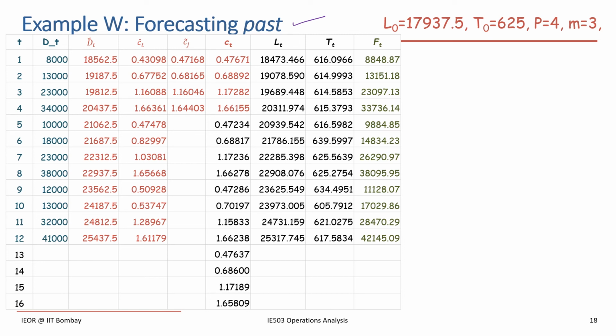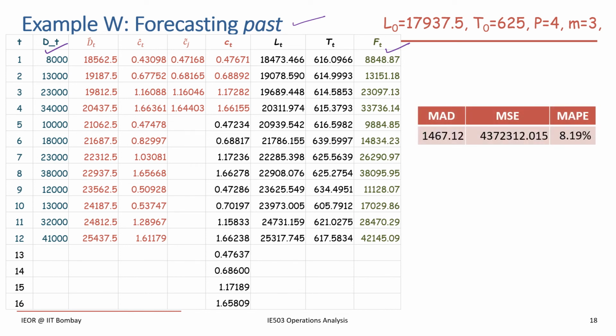The green is the final forecast values of the past. Now using all these forecasted values, and we already know the original demand values in column 2, we can do the accuracy measures: MAD, MSE and MAPE. We know how to do that.